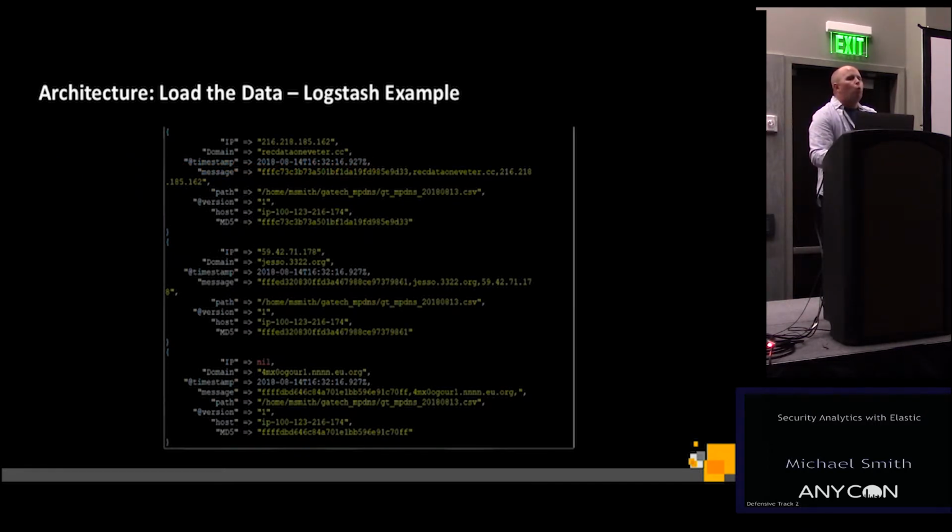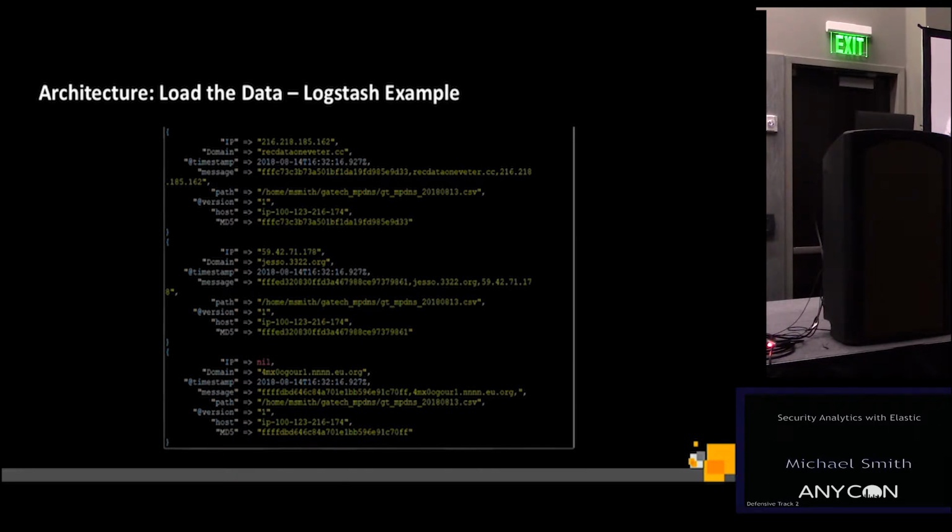Okay, so we're not going to bore you by watching a bunch of data that you can't read fly by on the screen, but when you've configured your conf file, then you say bin/logstash -f path to my conf file, this is what happens, right? In this case, I'm loading some malware research data, and the fields are IP address, that's the IP address. Domain, that's the domain.